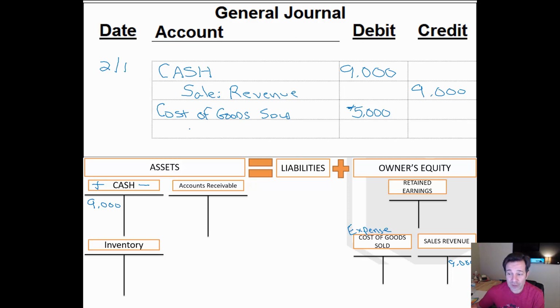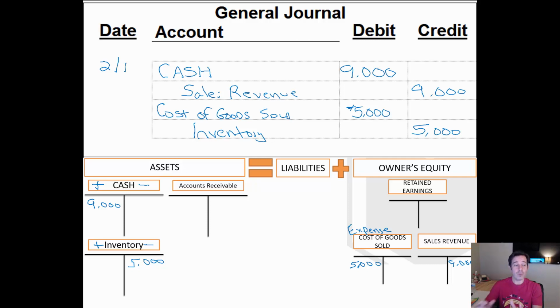And now I've got to get rid of the inventory because I don't have it anymore. Inventory, an asset on the left-hand side, goes up on the left and goes down on the credit side, or the right. So I'm going to credit inventory $5,000, and I'll post it right here to that inventory account along with my debit.